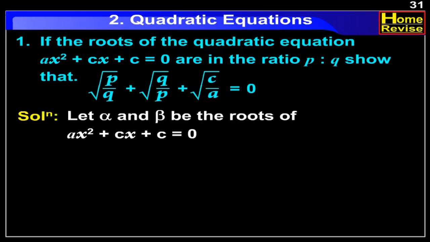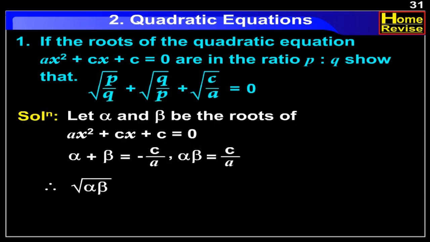Solution. Let alpha and beta be the roots of ax square plus bx plus c is equal to 0. Therefore, alpha plus beta is equal to minus b upon a, and alpha into beta is equal to c upon a. Therefore, root alpha into root beta is equal to root c upon a.